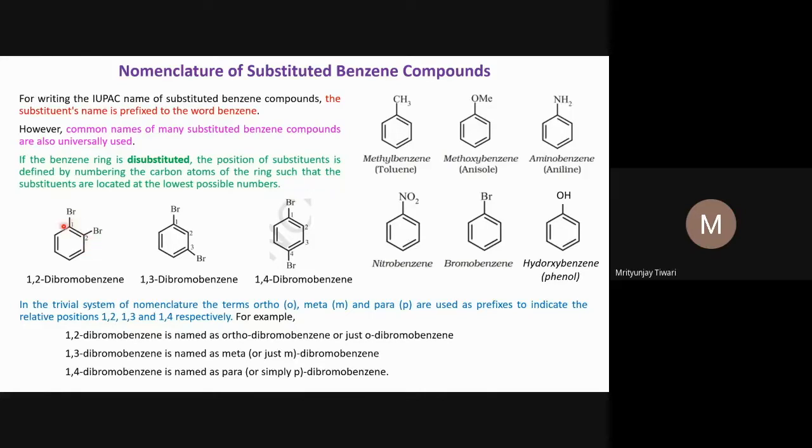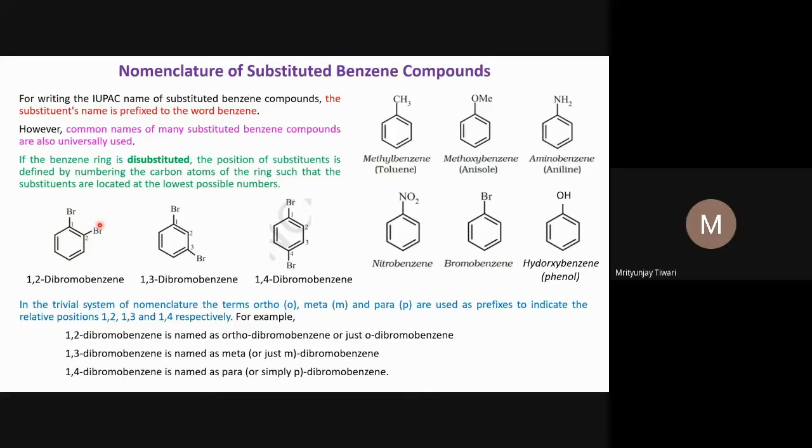So suppose two bromine substituents are there, one at adjacent carbon atoms. Numbering will be done in this way: one, two, in the clockwise direction, and in the anti-clockwise direction it will not be done, because if you start numbering in the anti-clockwise direction, this carbon will get the first position and the substituent will be at the first position, and then second, third, fourth, fifth, this substituent will be at the sixth position.